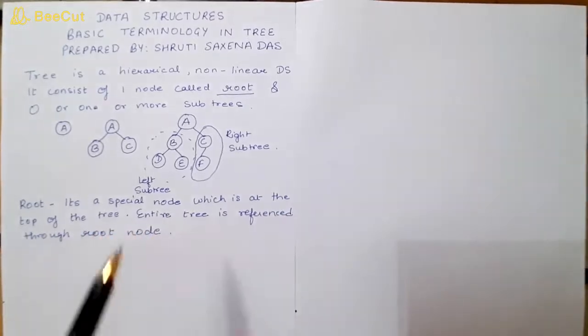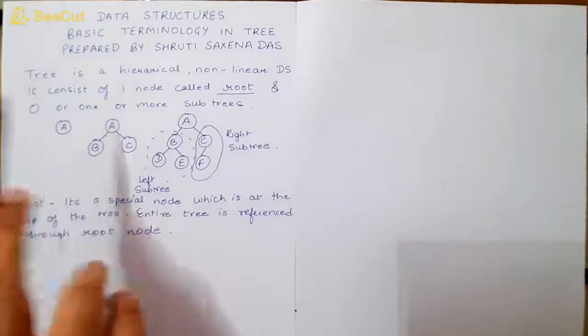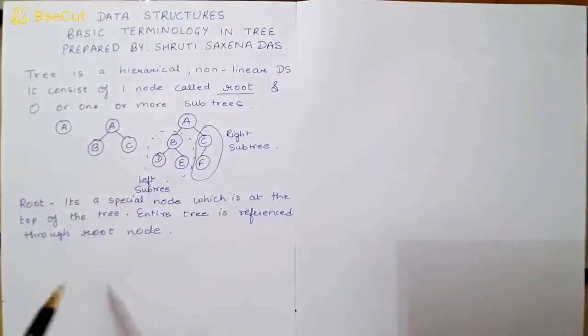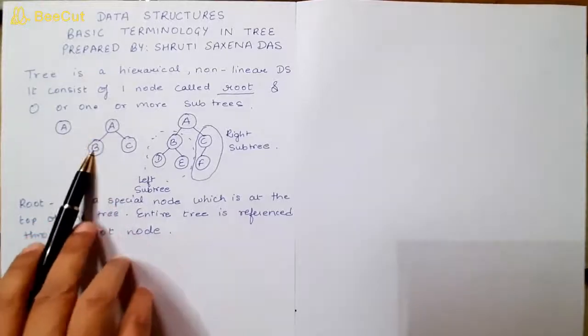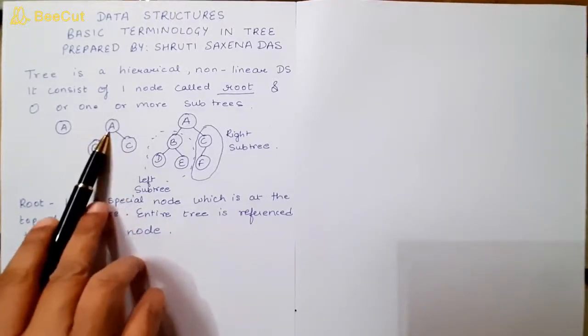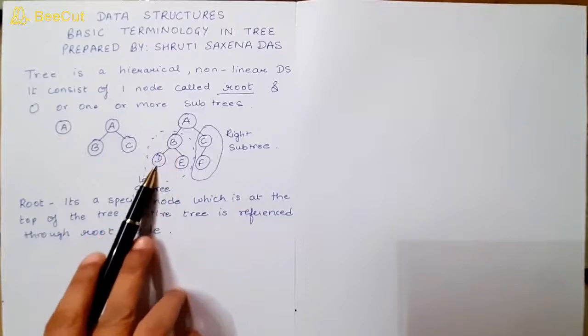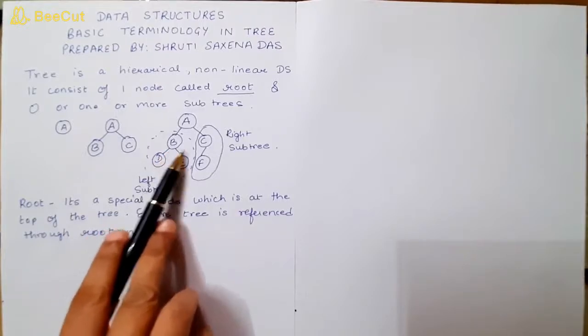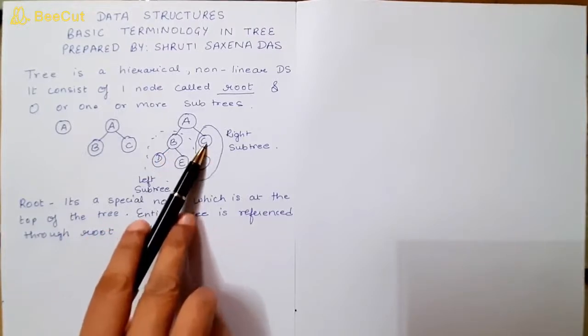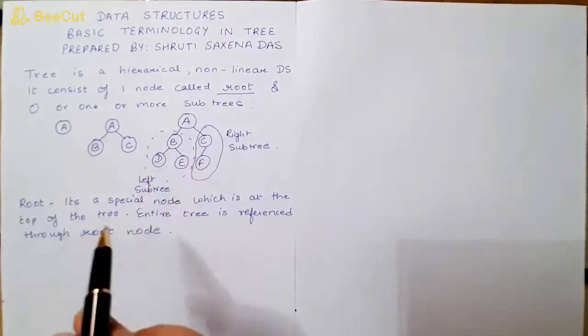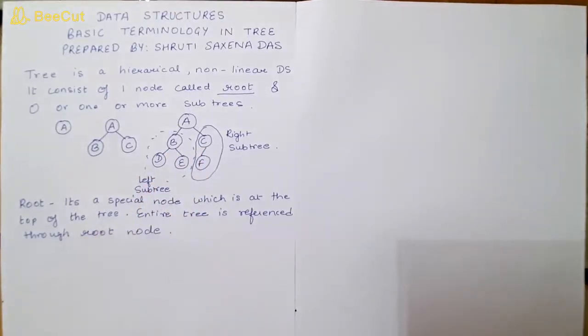As you can see, a root node doesn't have any parent node. In a tree we have a hierarchical relationship between nodes: we have parent nodes and child nodes. In this case, B and C are children of A. D and E are children of B. F is a child of C. We have parent and child relationships in a tree, but the root node doesn't have any parent node.